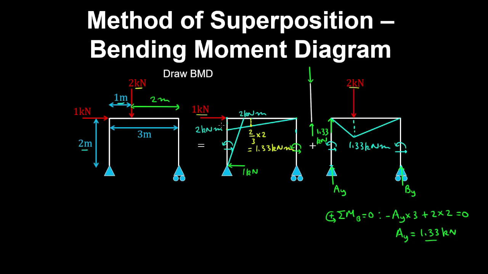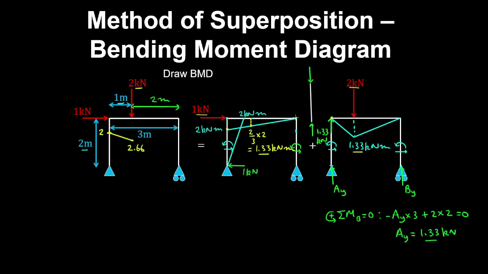So on the beam, we have 2 kilonewton meters plus 0 is 2 kilonewton meters, and then 1.33 kilonewton meters plus 1.33 at the point load, so that would be 2.66 kilonewton meters. And the bending moment diagram is linear.